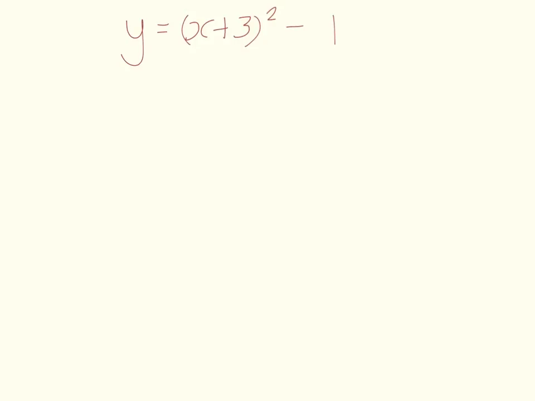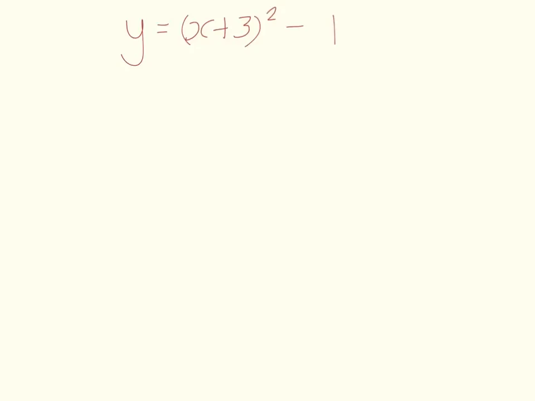If we think back to a previous video on the graphs of parabolas, a regular graph of y equals x squared has its turning point at 0, 0. What we need to do is find the turning point of this graph here.